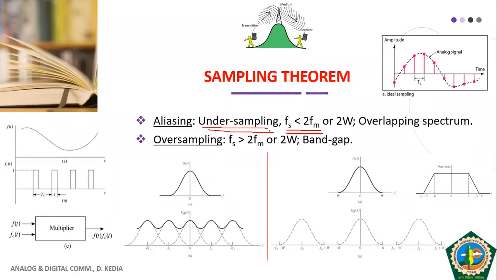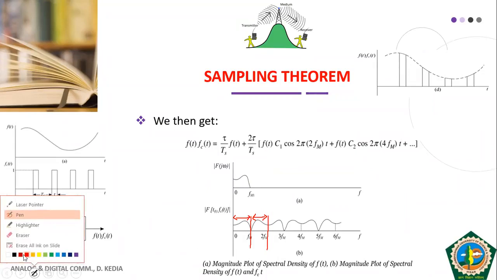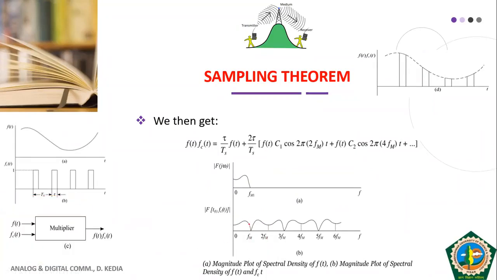In case of exact sampling at the Nyquist rate, your signal components are exactly adjacent to each other. Neither is there a gap nor any overlapping.